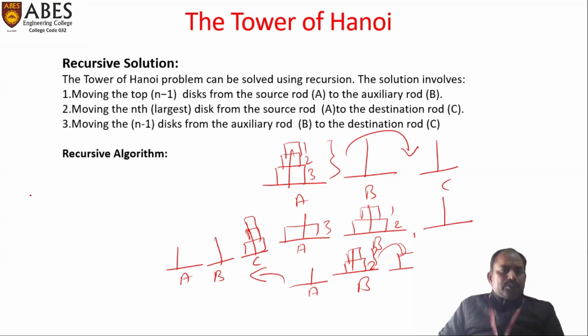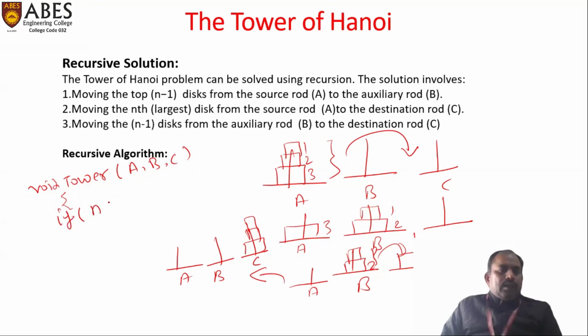How do we write the recursive solution for this algorithm? In the first step, we write void tower with A, B, C, which are the three rods here. What is the base condition?